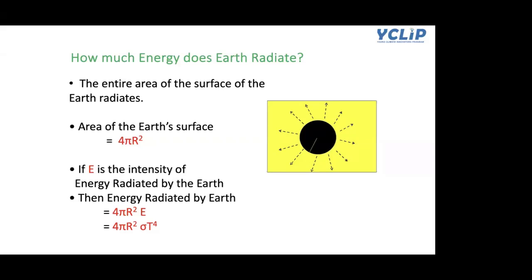If E is the intensity of energy radiated by the earth, then the energy radiated by the earth will be 4 pi r squared E. And remember, we had defined the E in the previous slide with Stefan-Boltzmann's law as E equal to sigma T to the power 4. So the energy radiated by the earth is therefore 4 pi r squared sigma T to the power 4. I hope this is not too difficult to accept.